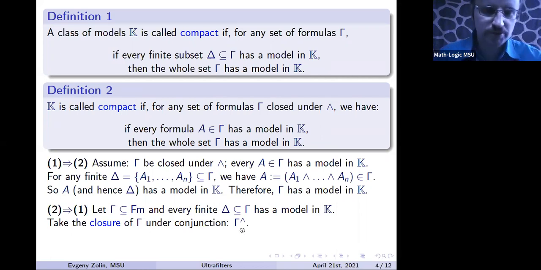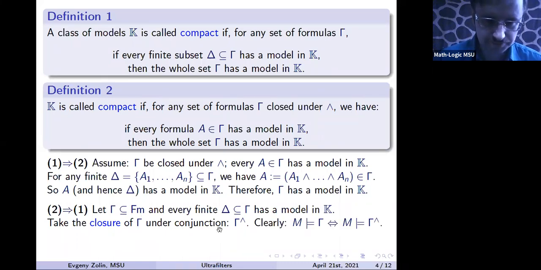So all possible conjunctions of formulas from gamma. So this new set, gamma conjunction, will be bigger than gamma. It will contain all conjunctions. But semantically, it is the same. If we take conjunctions, we don't introduce any new conditions on the models. For any model M, it satisfies gamma if and only if it satisfies gamma conjunction. So for models, it doesn't matter.